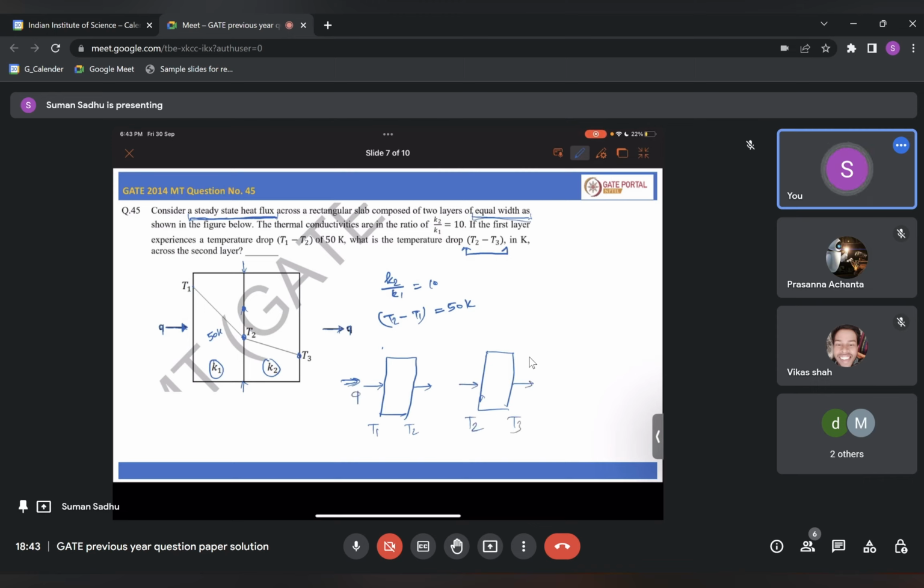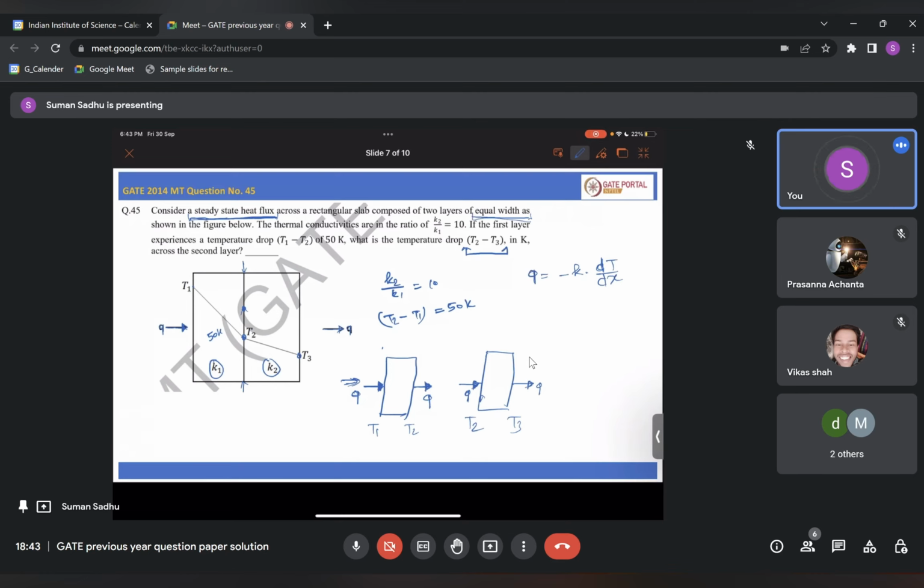If Q amount of heat is going through this wall, Q amount of heat will come out from this wall, and also Q amount of heat will go through this wall and come out through this wall. Now what is the flux? Q is minus A into dT by dx, right?